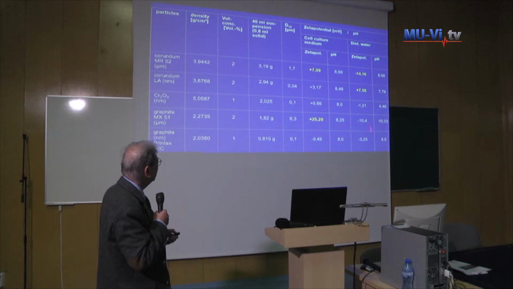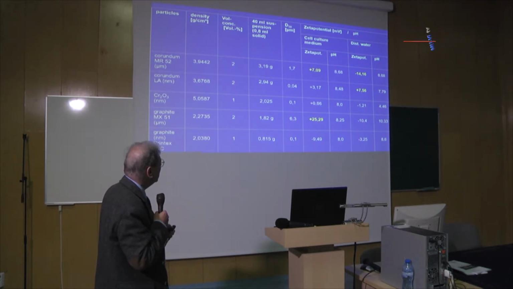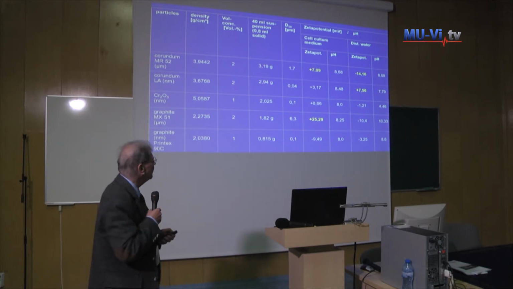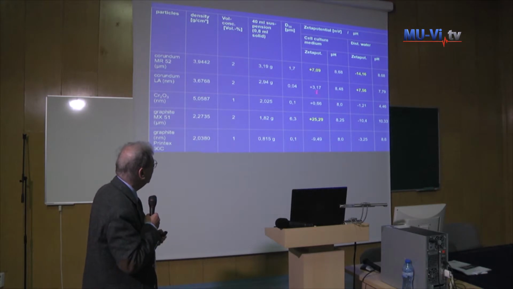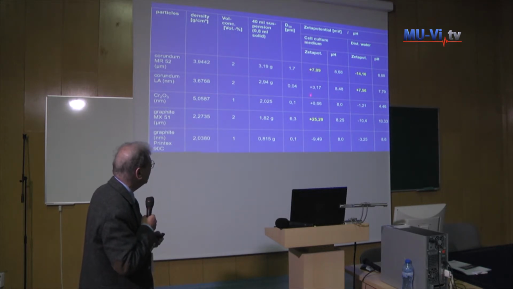And if you look into the relative values for the graphite micrometer versus nanometer, there is a difference. And we use also the measurements of the zeta potential when we introduced the particles into the cell culture medium, and there you have also important differences.